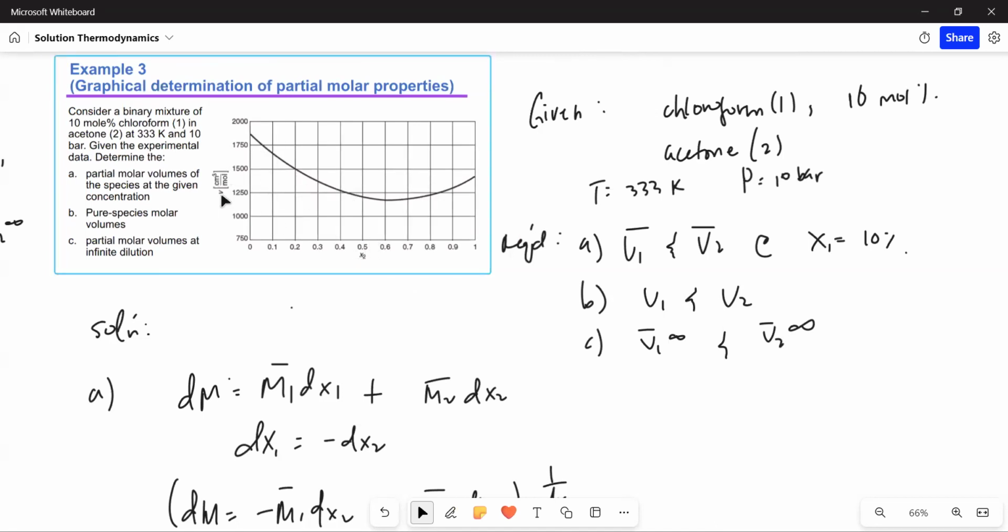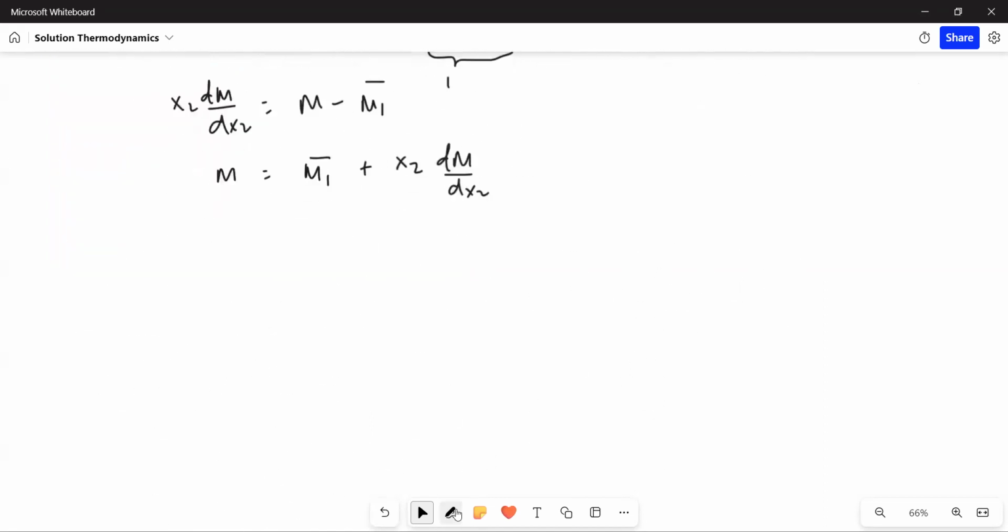Since we're talking about molar volume, let's replace M by V, the property we're interested in. So V equals V1 bar plus x2 dV/dx2. Simply replace M with V.